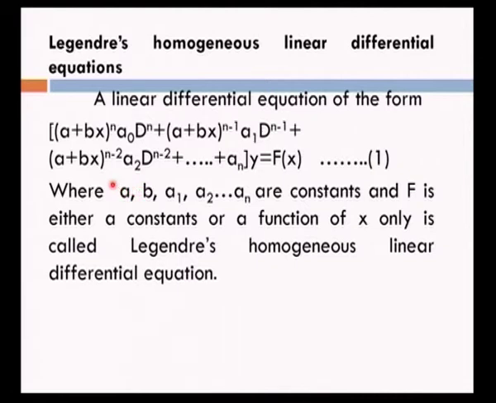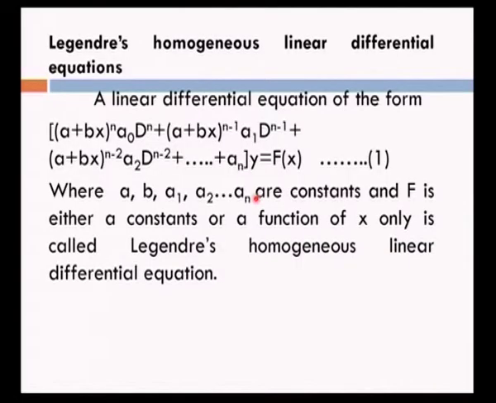The only difference between the Cauchy-Euler homogeneous linear differential equation and Legendre's homogeneous linear differential equation is this a plus bx to the power n. In the Cauchy-Euler equation, x alone will exist instead of a plus bx. Here a, b, a1, a2, an are all constants, and f is either a constant or a function of x only.